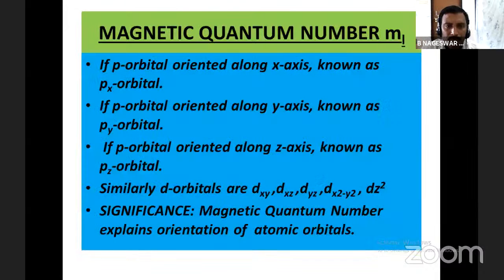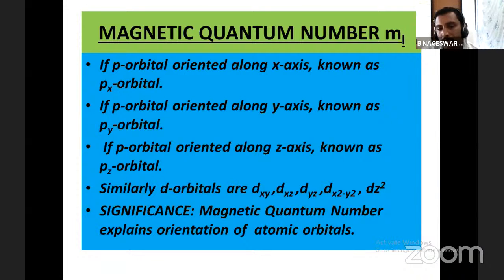Next, children, we take the orientations one by one. If a p orbital is oriented along the x-axis, it is known as a px orbital. If it is oriented along the y-axis, it is known as a py orbital. If it is oriented along the z-axis, it is known as a pz orbital.